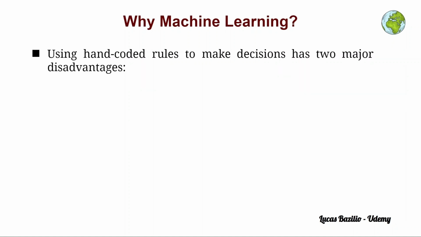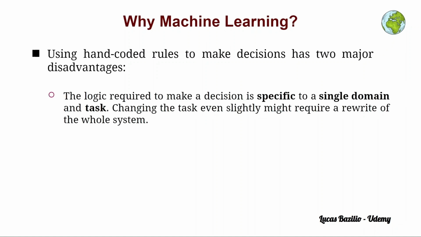Nevertheless, using hand-coded rules to make decisions has two major disadvantages. First of all, the logic is specific to the single domain and the task that we want to solve. But what about other tasks? Then again, we will need to create new rules for them.